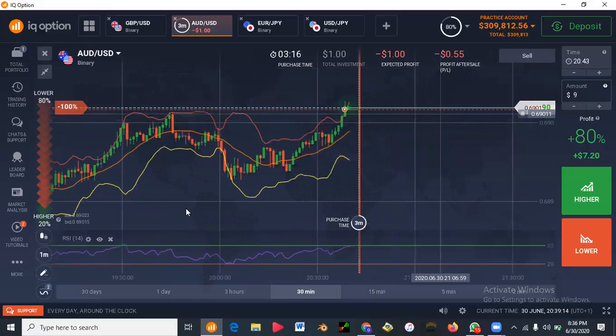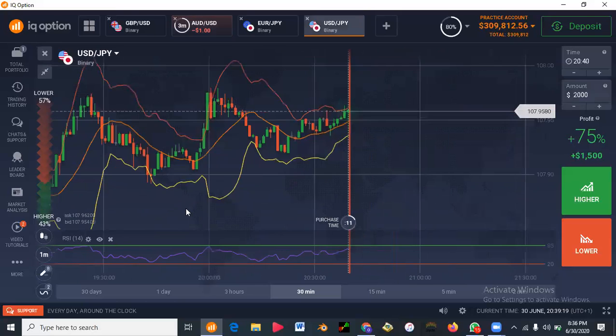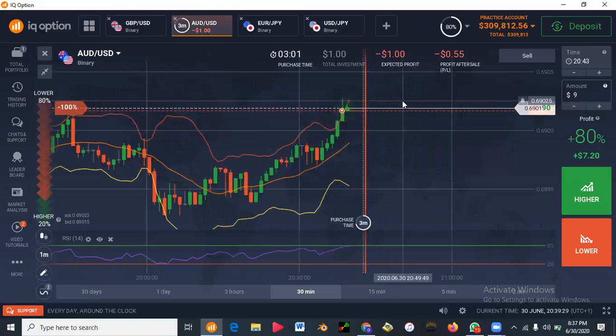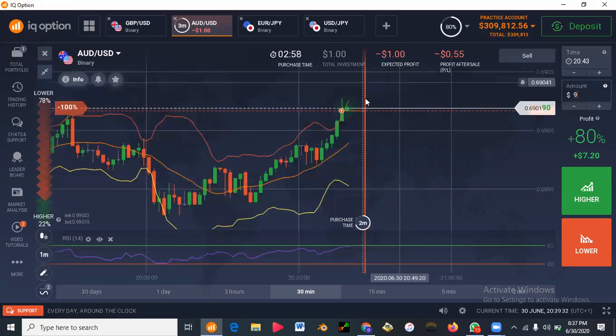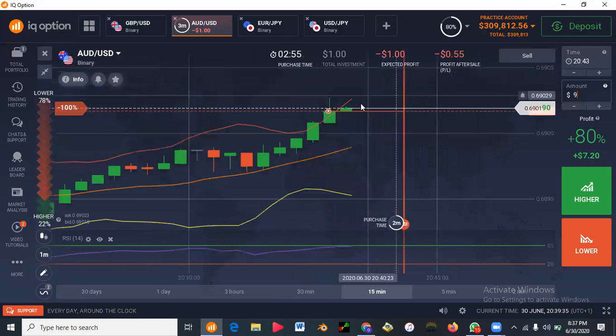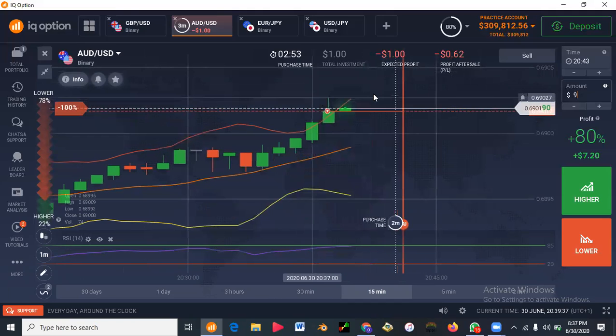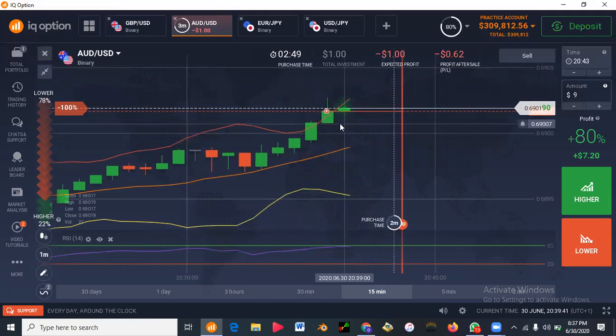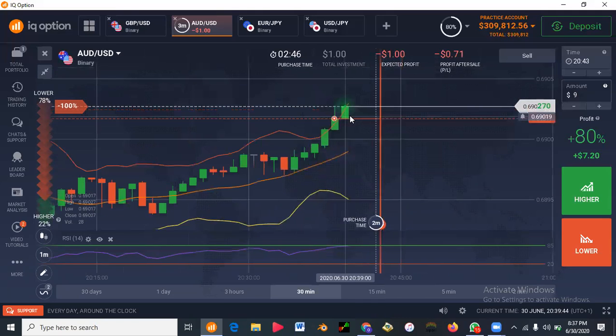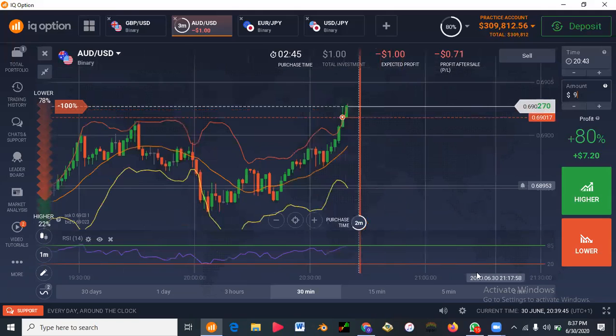So you're waiting. Now it's stagnant. Yes, you have to move to one side, not go up or come down. Okay, so it's going up.